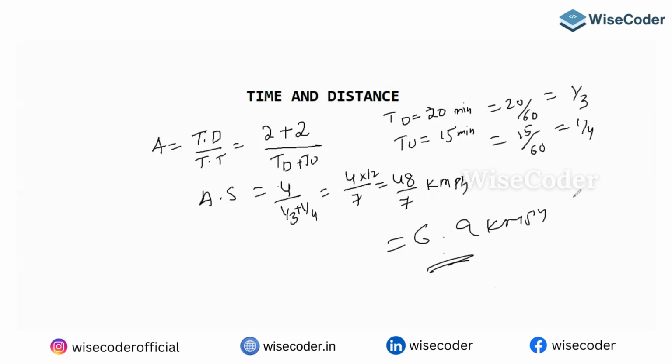This concept is called boats and streams. In the first session we saw all the concepts regarding the basics of time and work and how to calculate the problems, and after that we talked about the application of relative speed in the second video.